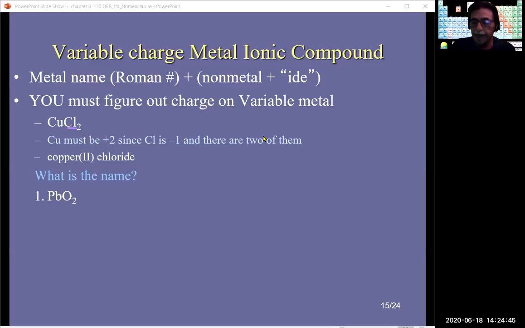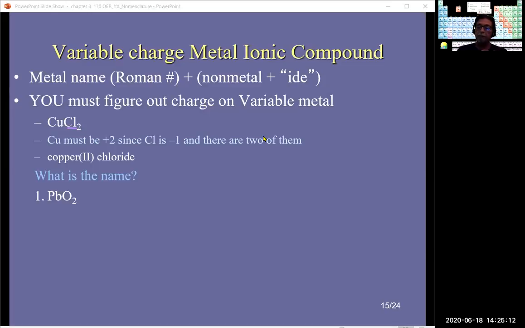Here we got Pb, which is lead, and then we got oxygen. Again, lead is not one of the non-variable atoms, and so we have to determine what the charge is. Oxygen has a -2 each one. There's a total of 2 of them. So that tells you there's a total of -4 charge coming from the oxide. And you want that equal to 0.